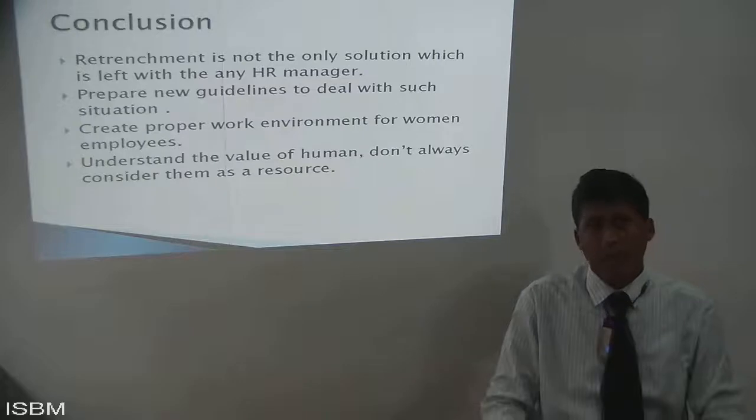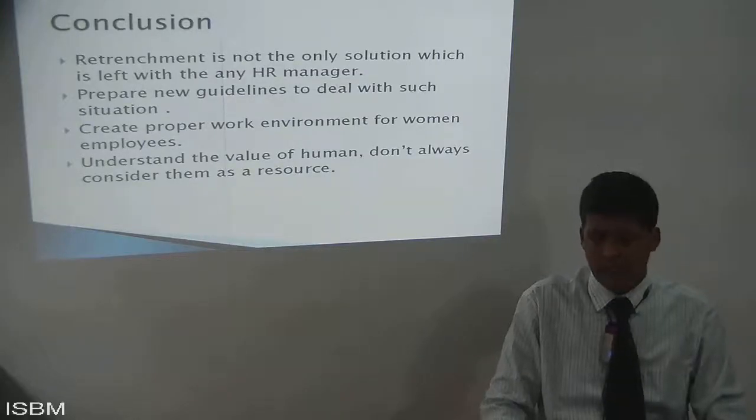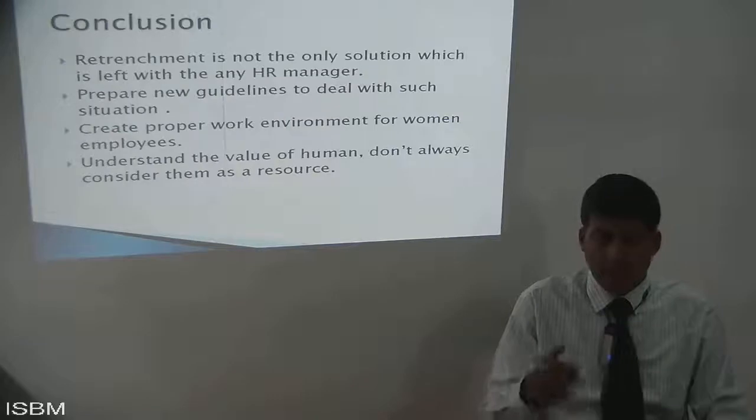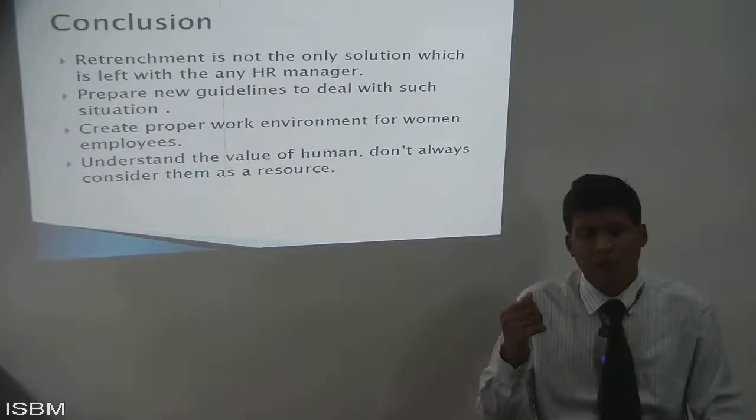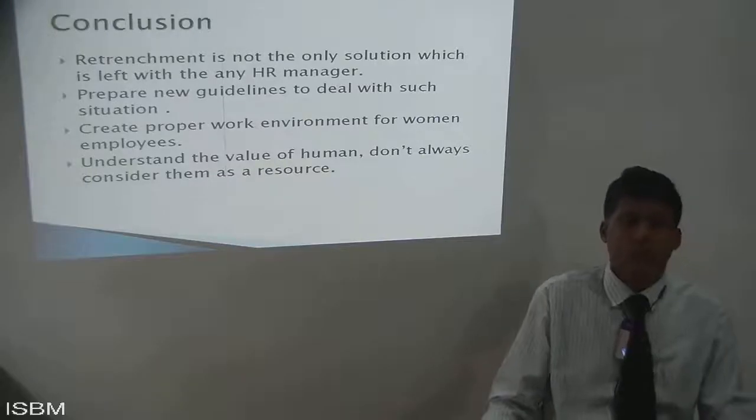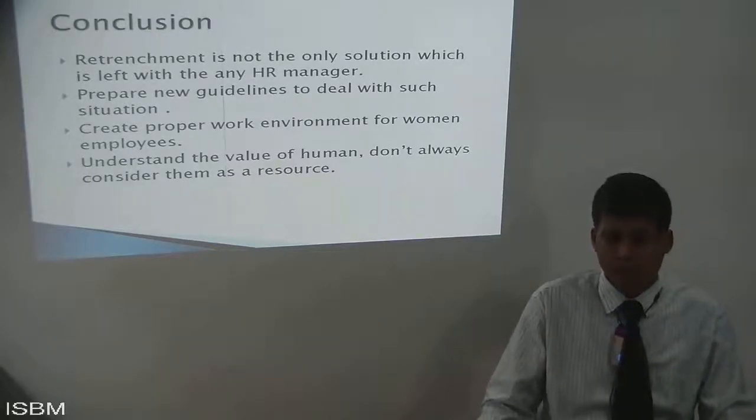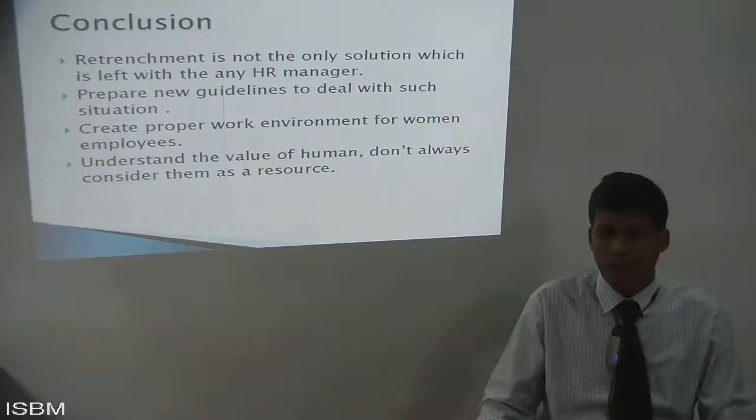So if you want to conclude this particular case, you can say that retrenchment is not the only solution left with any HR manager. Preparing new guidelines to deal with such situations is important. It creates a proper work environment for women employees as well. Understand the value of humans. Don't always consider them as a resource.